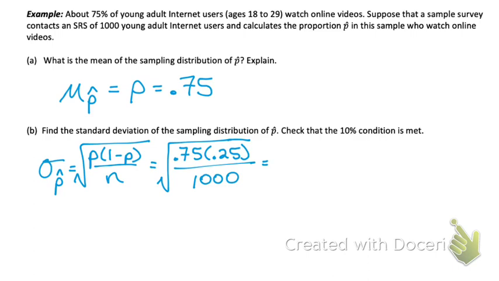This is going to give you the standard deviation of the sampling distribution of the p-hats. Now, my sample size here is pretty big, 1,000 people, that's a lot of people, so my standard deviation should be fairly small. So go ahead and plug this in and find the standard deviation of the sampling distribution of p-hat.